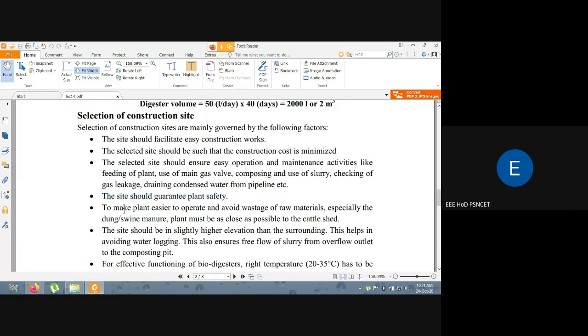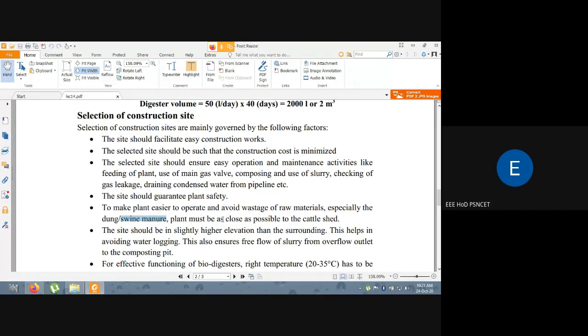Okay, then to make the plant easier to operate and avoid wastage of raw materials, especially this cow dung and swine manure, that means the pig waste. Pig waste is swine manure.